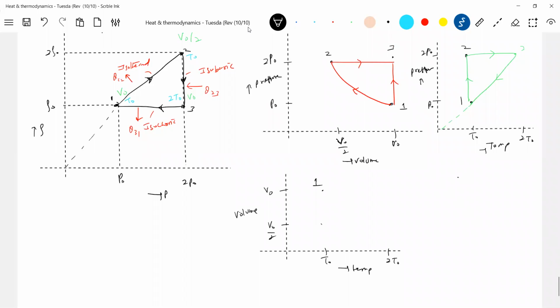Point 3 is V0 and 2 T0. So 1, 2 is isothermal compression. 2, 3 is a straight line passing through the origin. 3, 1 is isochoric.